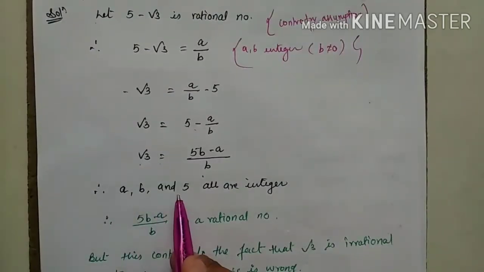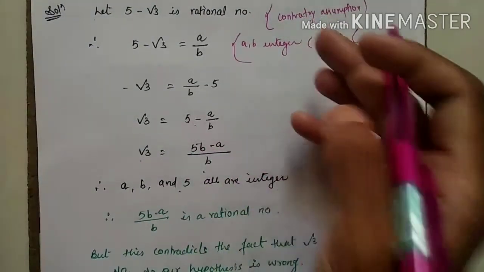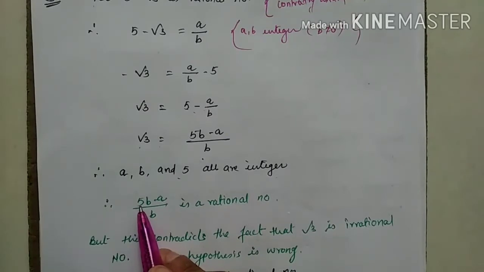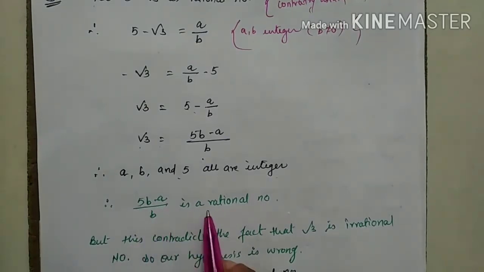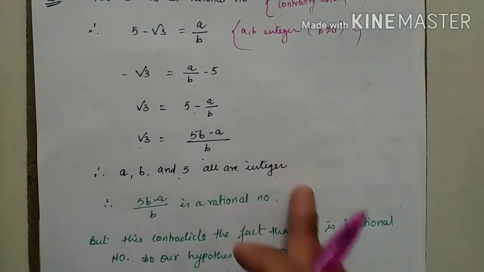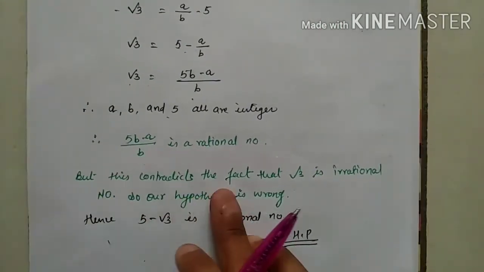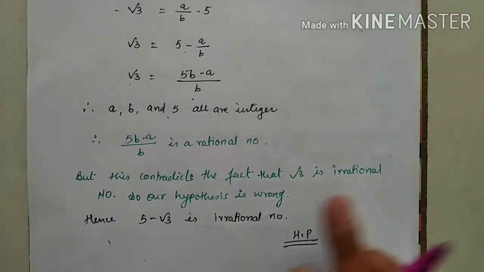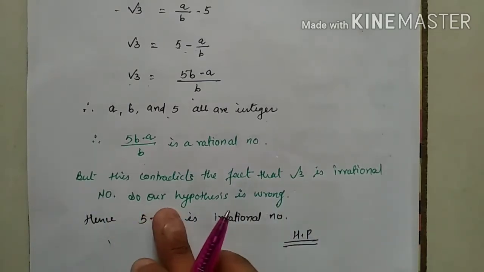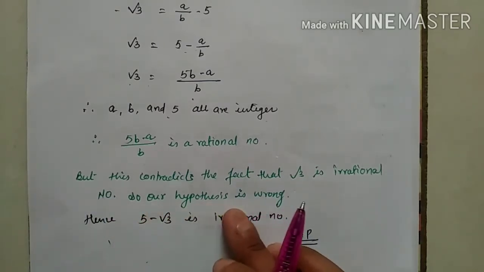Correct. a and b and 5 are all integers, as we have assumed. So 5b minus a upon b is a rational number because all are integers. It is written in the p by q form. Correct. But this contradicts the fact that root 3 is an irrational number. So our hypothesis is wrong.